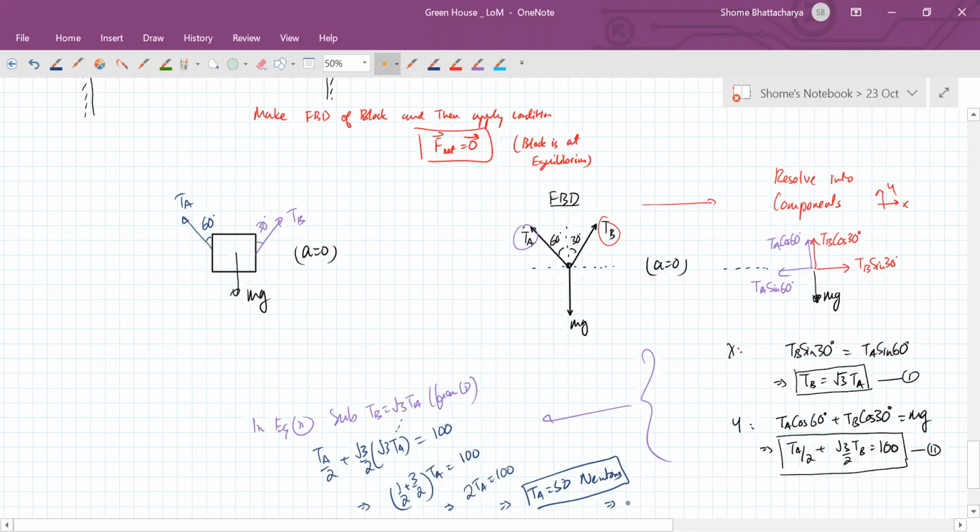Okay, and we are getting TB therefore is root 3 times TA, so it is 50 root 3 newtons, or you can write it as approximately 50 into 1.73. Also you can write it that way, but you can leave it this way only.